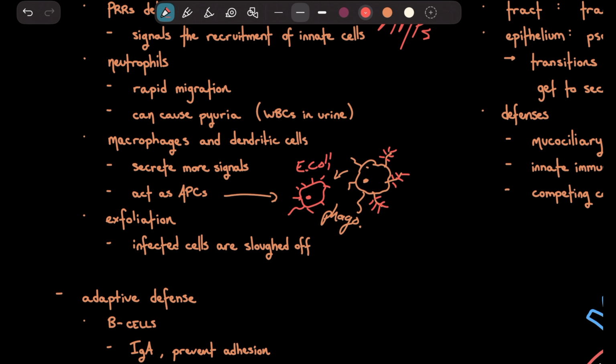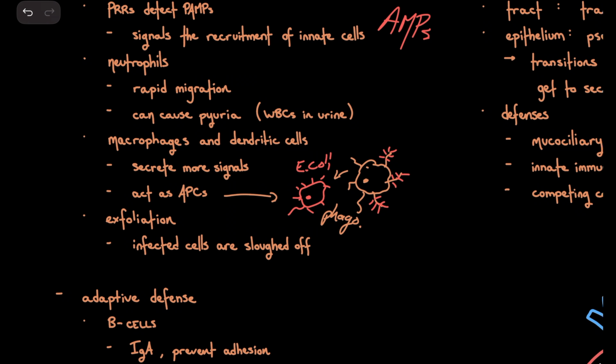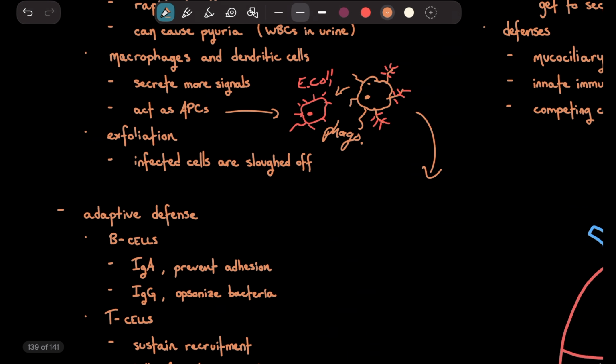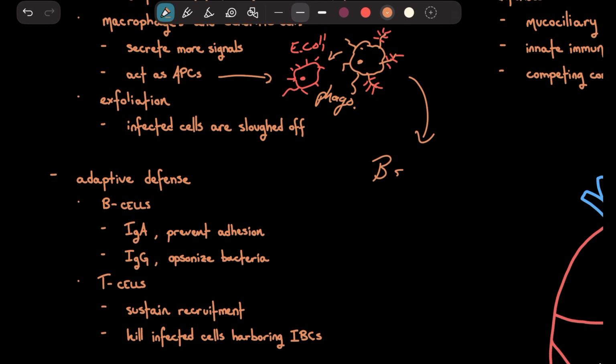And then after that, the dendritic cell is going to migrate. And it'll migrate to, think about where it's going to migrate, to a lymph node where our B and T cells are hanging out, with the goal of hopefully finding a B or T cell that is born to fight E. coli.